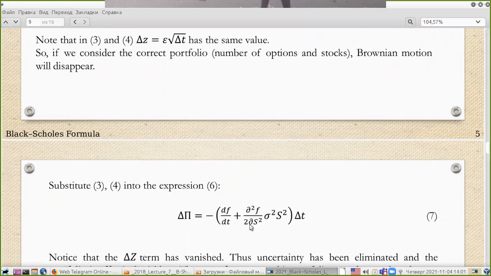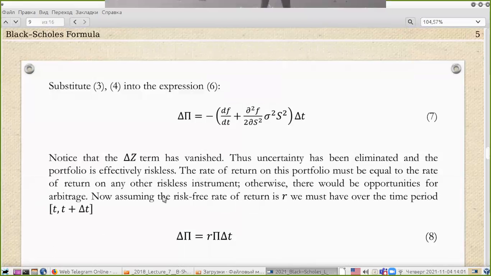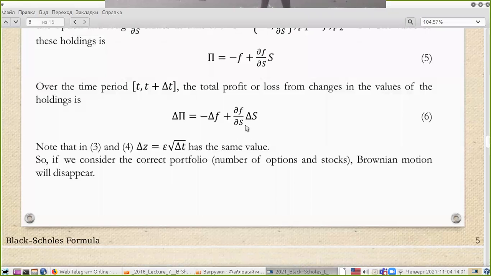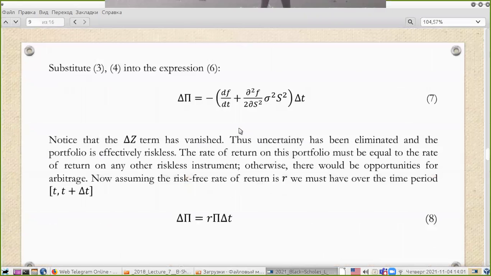It's easy to obtain, and after this lecture you should write a test, and the task in this test is to get formula 7. So substitute 3 and 4 into expression 6. Delta F we have, delta S we have, and multiplied by df with respect to ds.